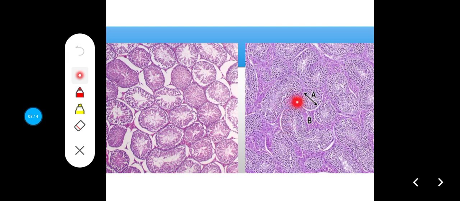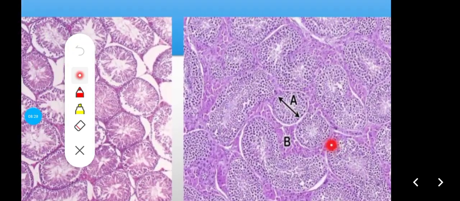Look at another slide of the testis. You see something that looks like a luminal structure, and then you see cells at various levels of development.